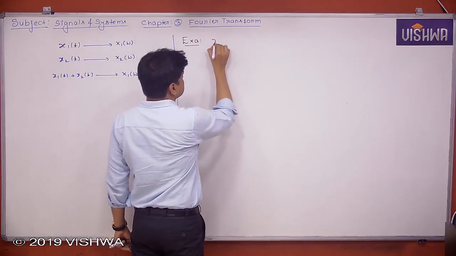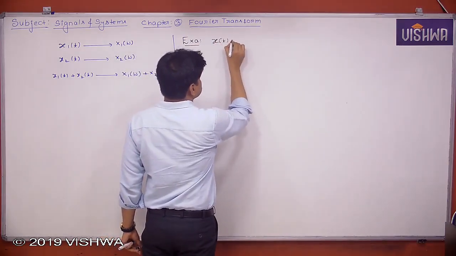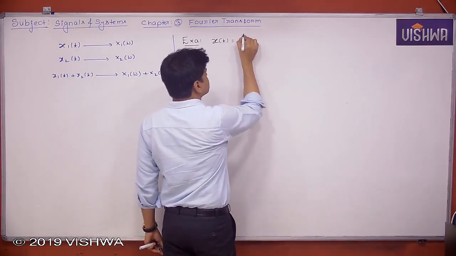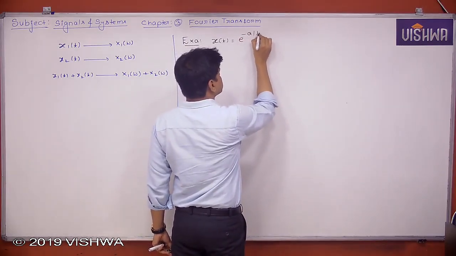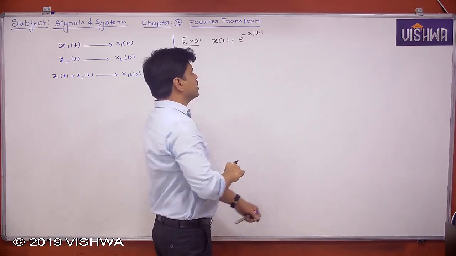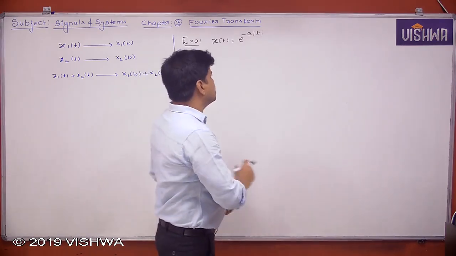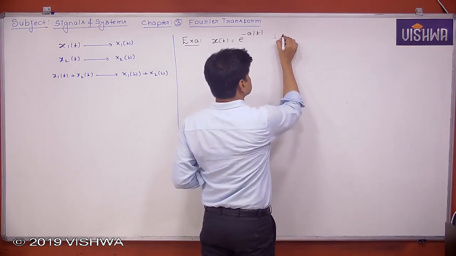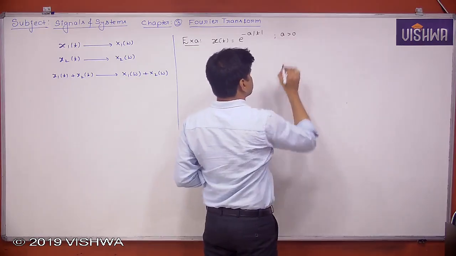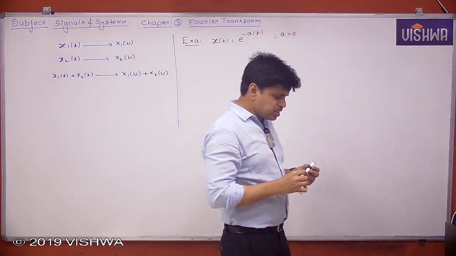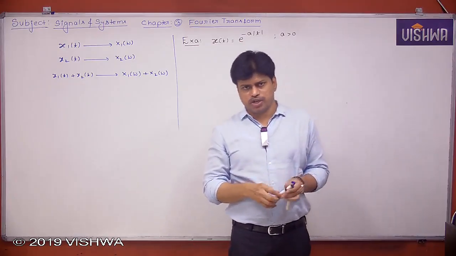Let's say x of t is equal to e power minus a mod t, where a is positive. For this function, I have to calculate the Fourier transform.